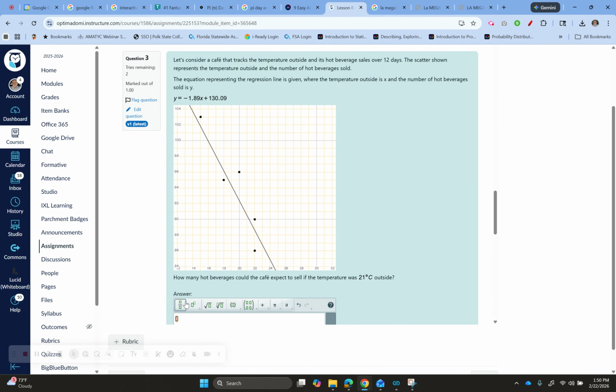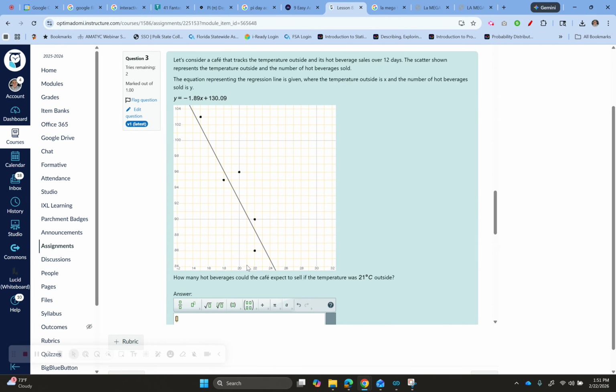And you can see that the higher the temperature, because the x is the temperature outside the cafe, the higher the temperature, based on the scatter plot and the line, they sell fewer hot beverages. Okay, and they're asking how many hot beverages will be sold if the temperature was 21 degrees outside.